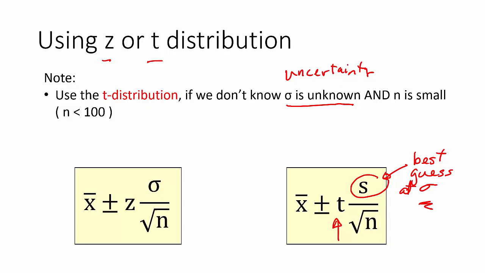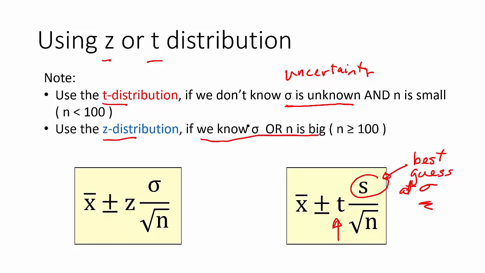So our rule for using the t distribution is if we don't have sigma, in other words, we have s instead, and n is small, then we have to use the t. Otherwise, we're allowed to use the z. So we get to use the z if we know the true standard deviation or if n is big.